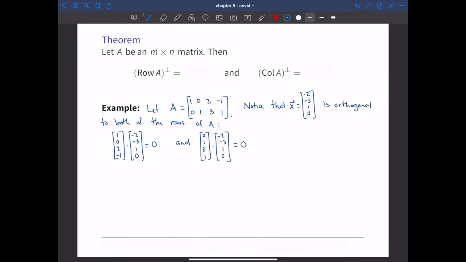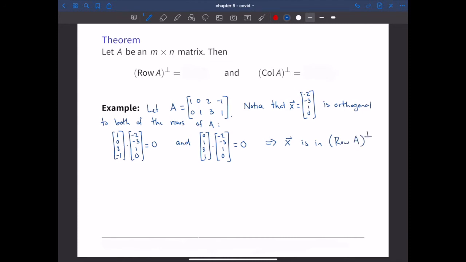Okay? So because x is orthogonal to both of the rows of A, and because the rows of A span the row space, that tells me that x is in the orthogonal complement of the row space.